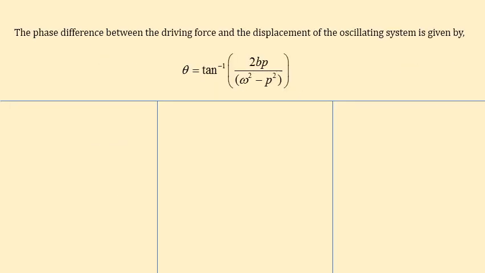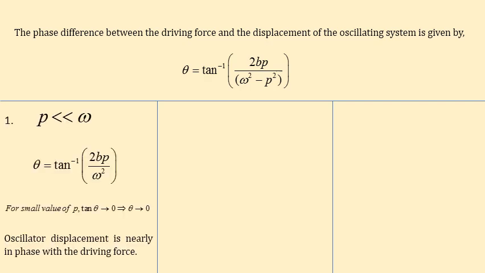Now let us discuss how oscillation varies with driving frequency. We have an expression for the phase of the oscillation as θ = tan⁻¹ of 2bp divided by (ω² - p²). Now let us consider case 1. In this, the frequency of driving force is much lesser than the natural frequency of the system.